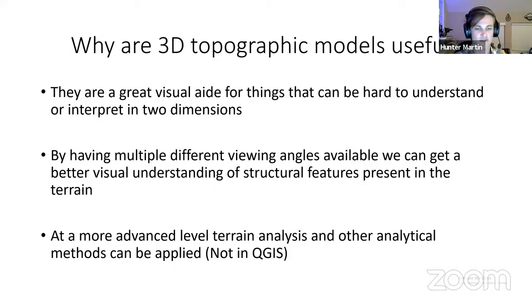Multiple viewing angles give a better visual understanding of the structural features present, and it's also a good tool for presenting to people. At a higher level, we can do more advanced things like terrain analysis, but that's beyond the scope of QGIS.